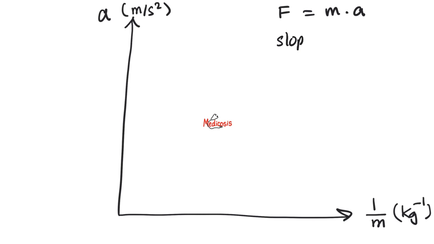So the slope of the line, let's imagine that there is a line here, equals acceleration over, not mass, but 1 over mass, like this. Which means that you can bring this mass upstairs, and this slope equals A times M, or M times A, which is force. So the slope of the line will mean force.